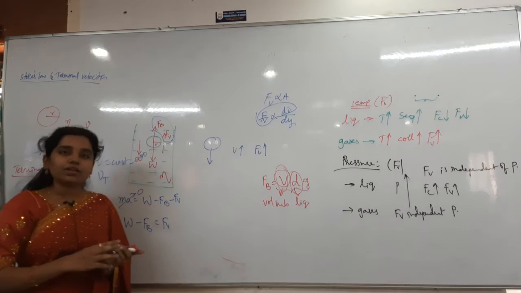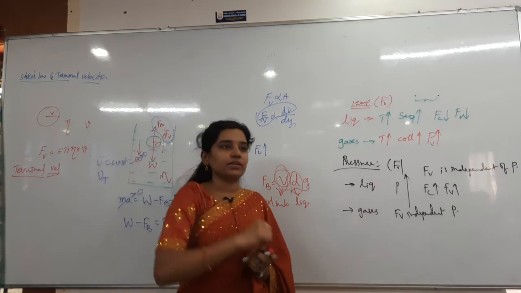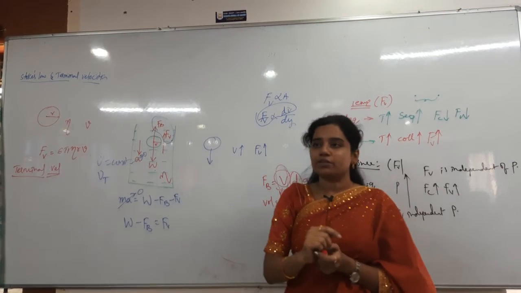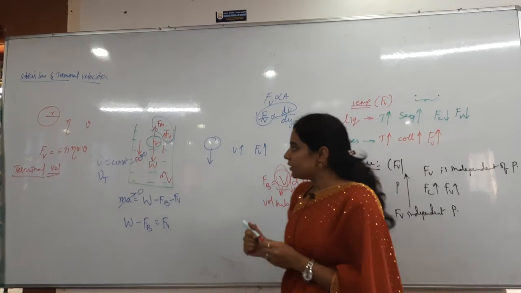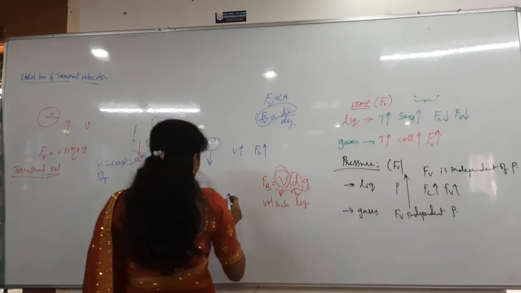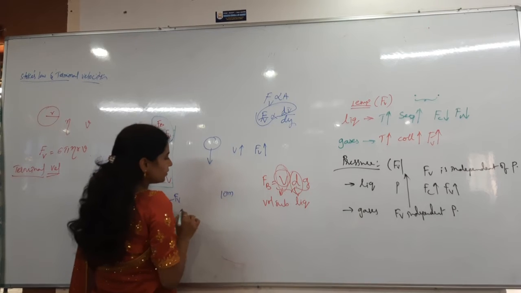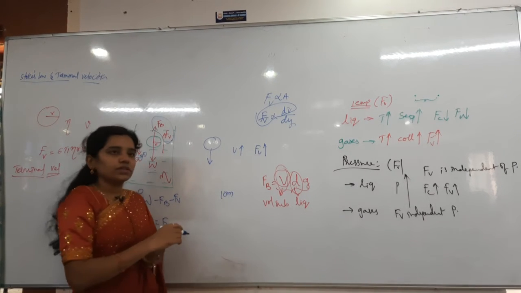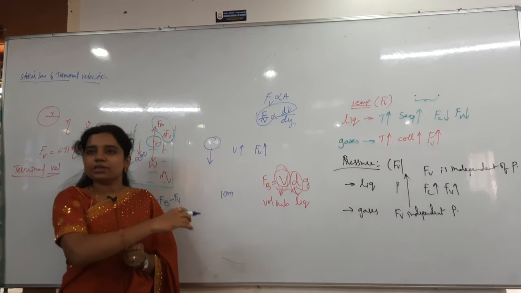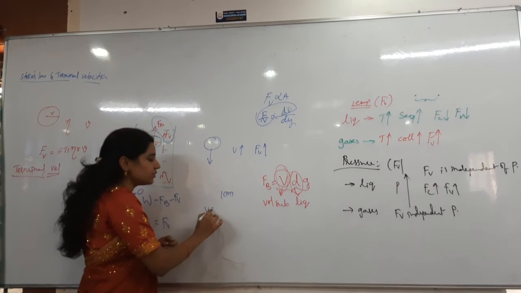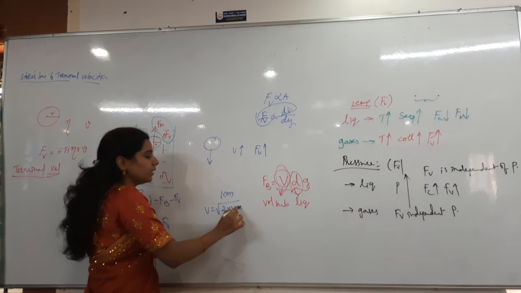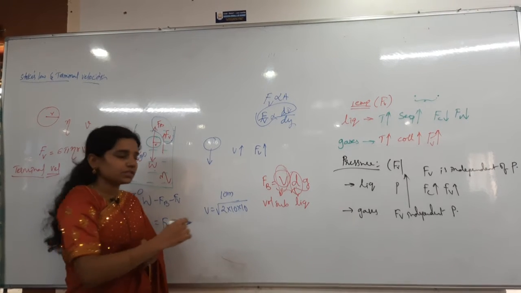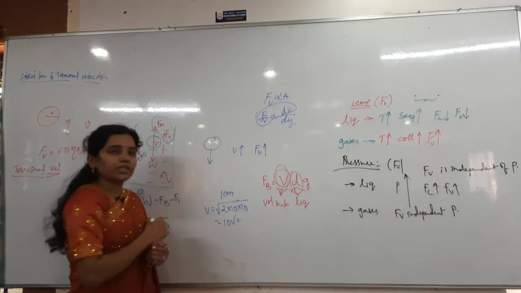Whenever you see a raindrop falling from the sky, it falls from some kilometers of height. For example, if any object is falling from 10 meters of height in air, what velocity will you get? V is equal to under root 2gh. How much will you get here? 10 root 2 meters per second.